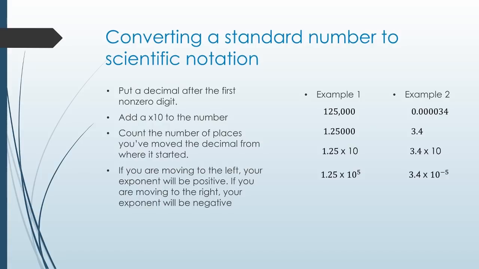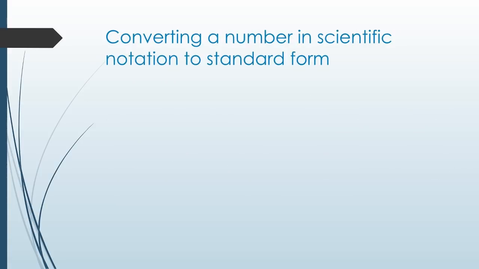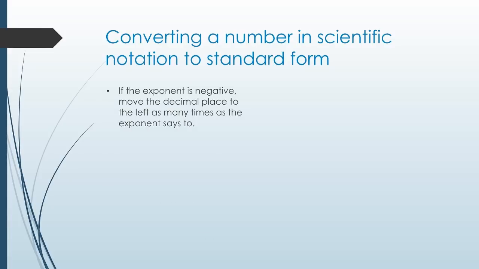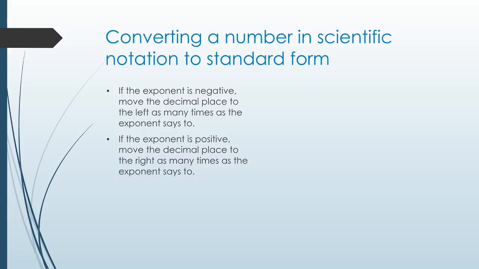Of course, sometimes you're going to want to take a number that was in scientific notation and put it into standard form. And that's actually fairly simple to do. So if the exponent's negative, you're going to move the decimal place to the left as many times as the exponent says to move. Okay? And the right does the opposite thing with the positives.